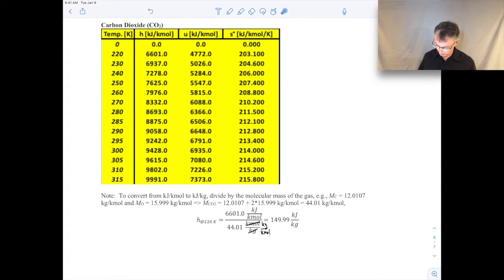And then that will give you the specific enthalpy value in terms of kilojoules per kilogram. And you can do the same thing for specific internal energy. So just be aware that some of the tables are in kilojoules per kilomole, so you have to look closely at that. And again, this is how you would do that conversion.